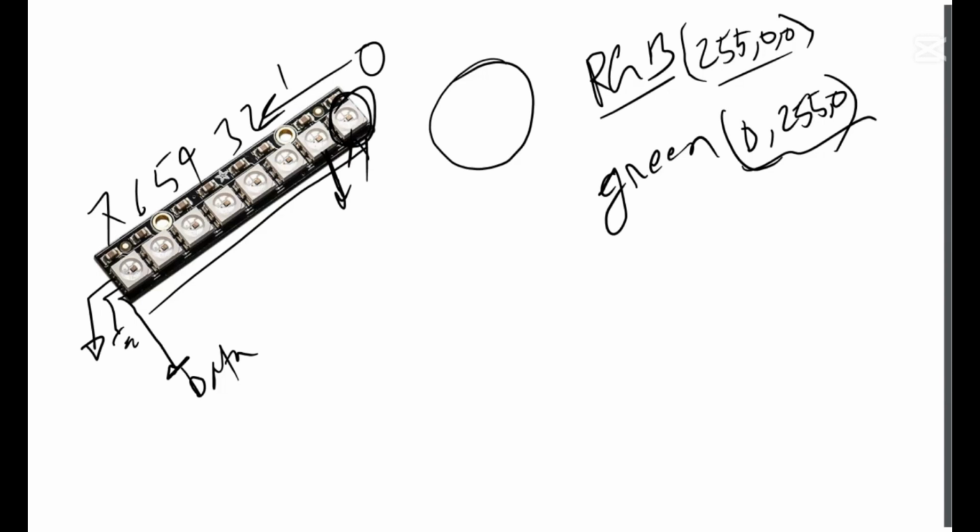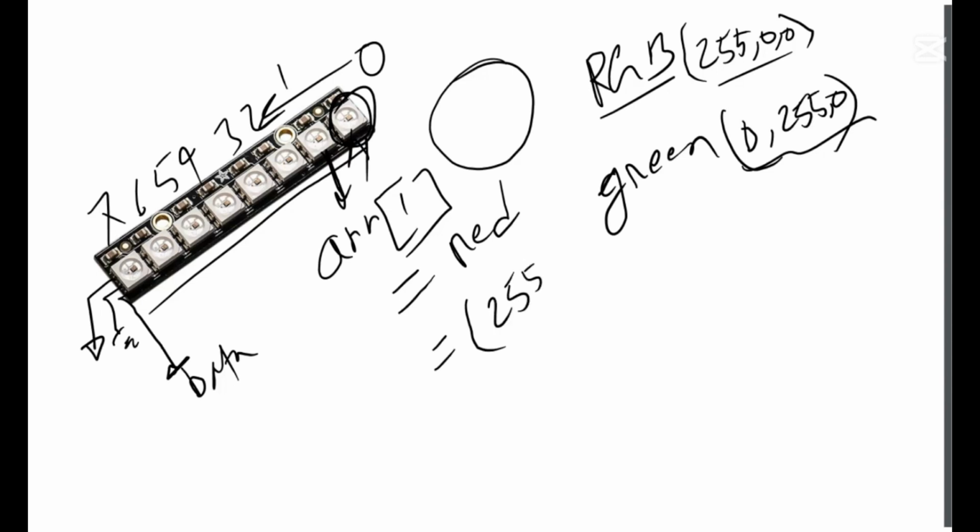If you want to turn on the second LED from this right side, this is an array and this will be array 1. You can just set this array 1 to, for example, red, or you can write it like this.